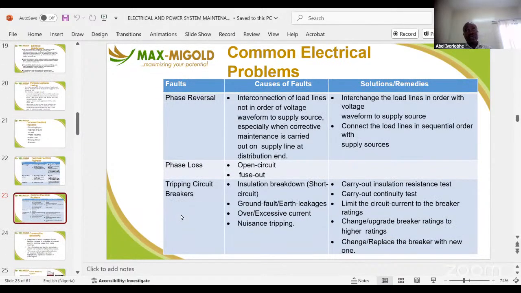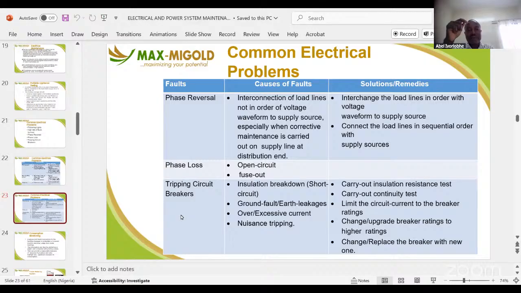So phase reversal, when the public utility officers come to work on their transformer or there's an external problem, and attempt to connect their cables back, they interchange them. You will now see that your lift, instead of going clockwise, is going anti-clockwise, and your pumps are working in the opposite direction.